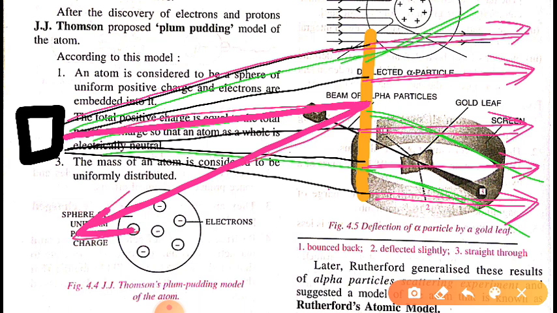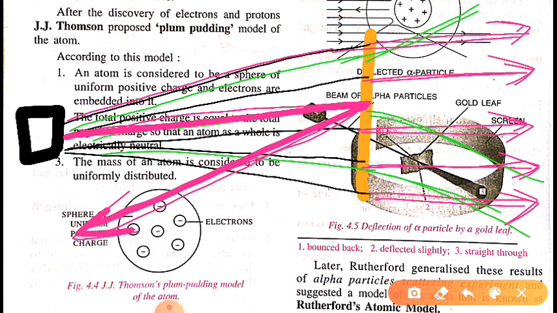Because it is a positive ray, the alpha particle, striking that nucleus. But in the case of this one, they are not colliding, or we can say that they are not striking that nucleus. Therefore, we can say the nucleus is the densest part of the atom.